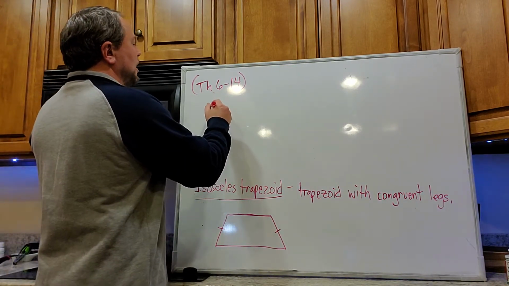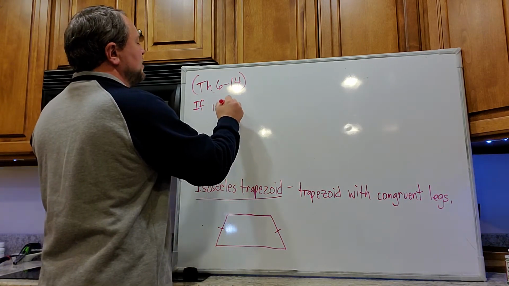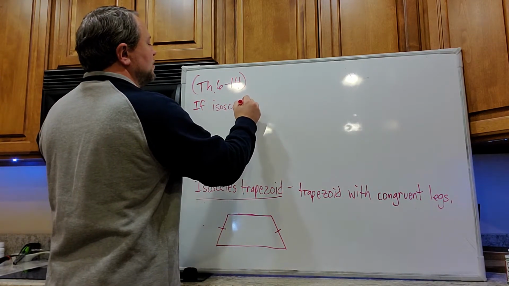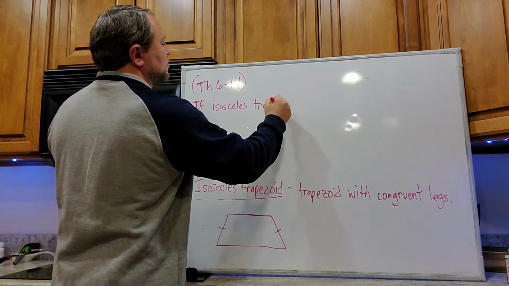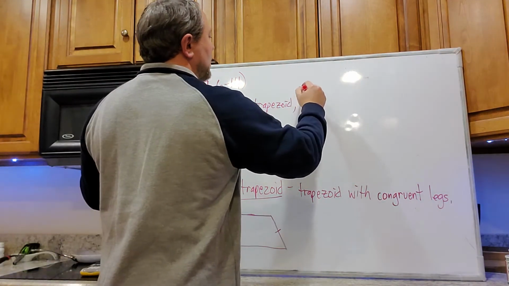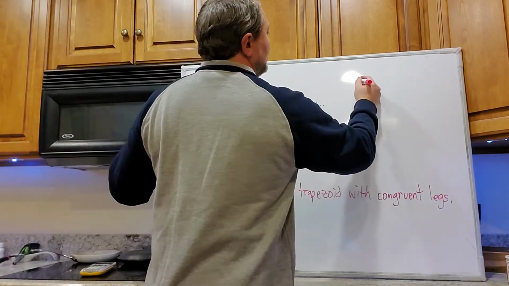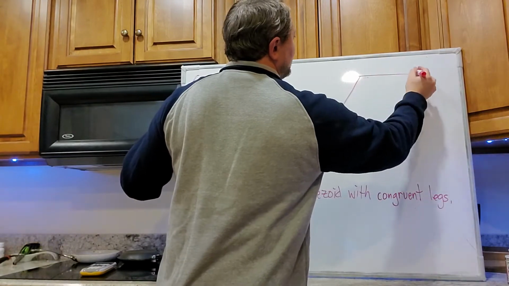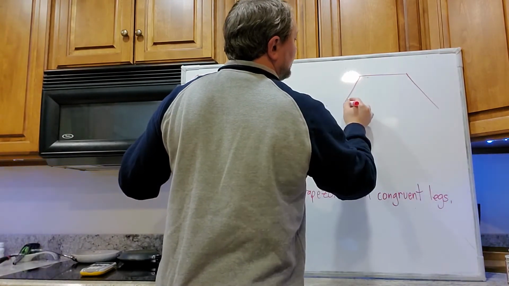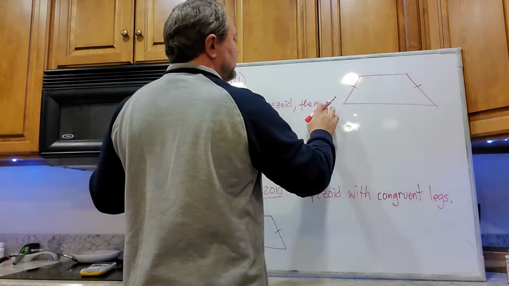Okay, so it's saying if it's an isosceles trapezoid, then, say here's my two matching legs.